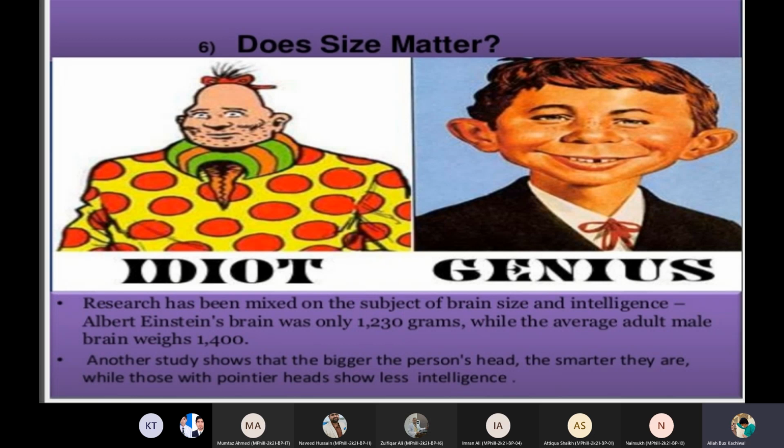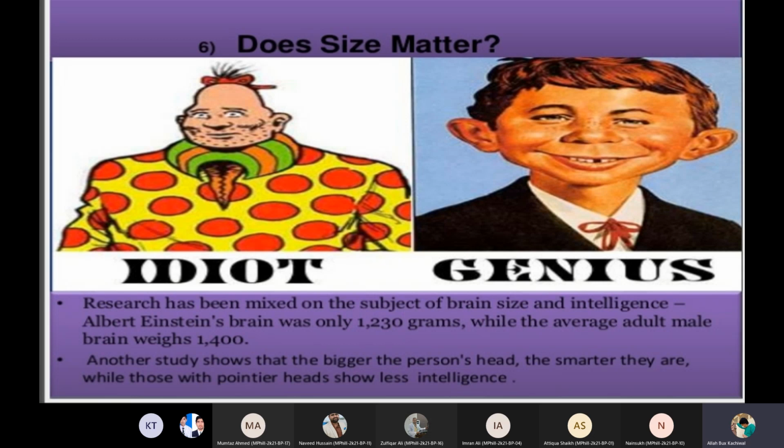So that means that intelligence does not relate to the size of a brain. If a person has a big brain, it doesn't mean that he might be intelligent. The bigger brained people might be idiots.